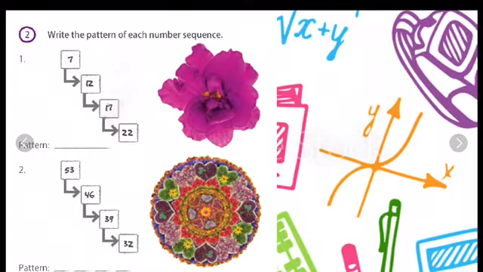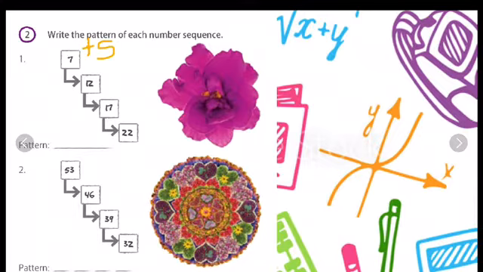It says number 7. What's happening if you add 5? Let's try to do it together. 7 plus 5 equals 12.